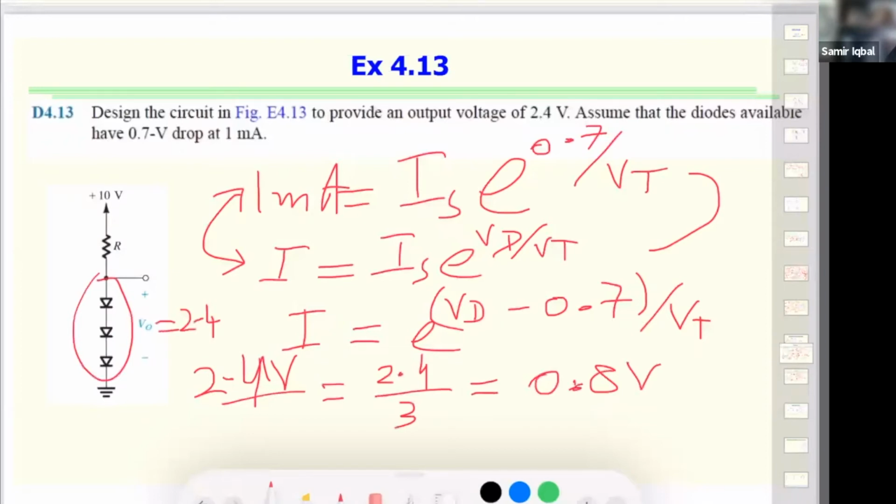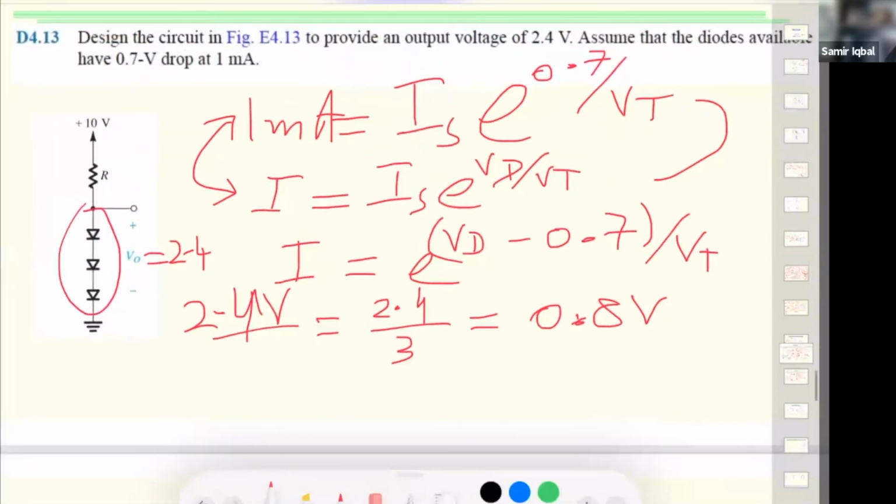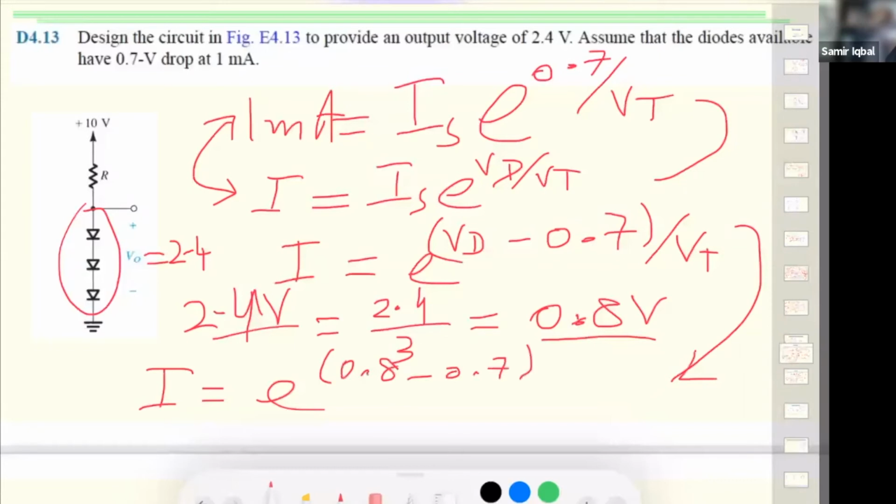Now, what is the current through each diode? Let's bring this in, using 0.8 now: 0.8 minus 0.7 divided by the thermal voltage of 25 millivolt.